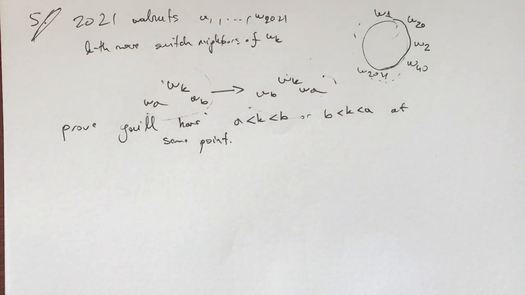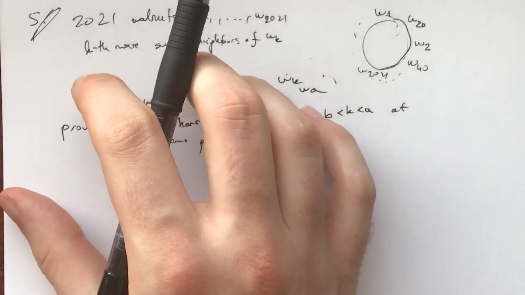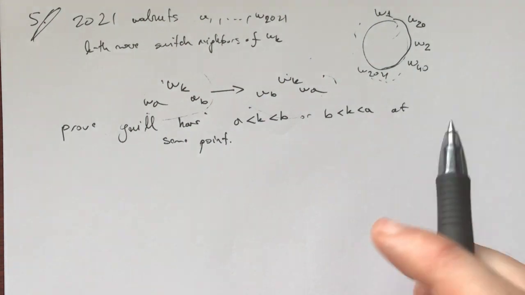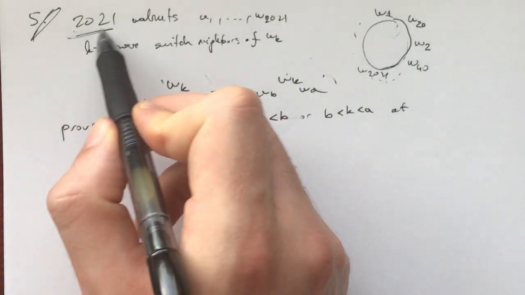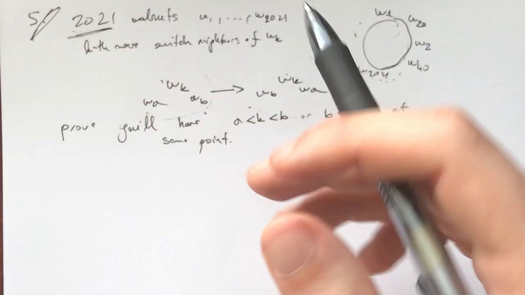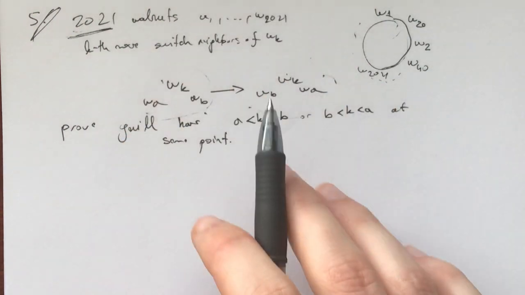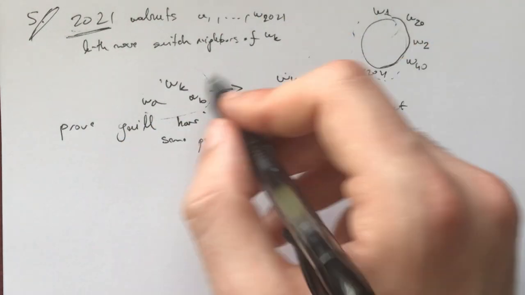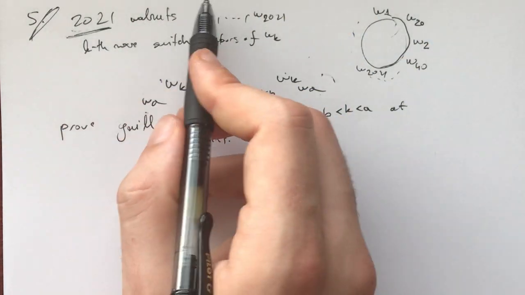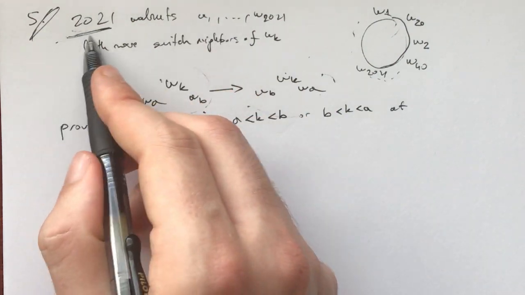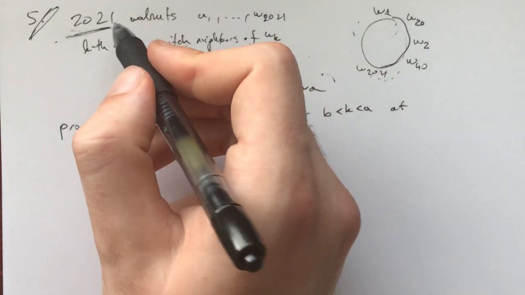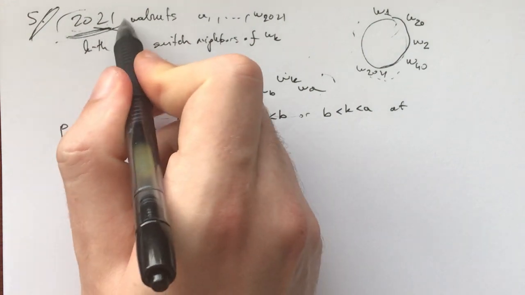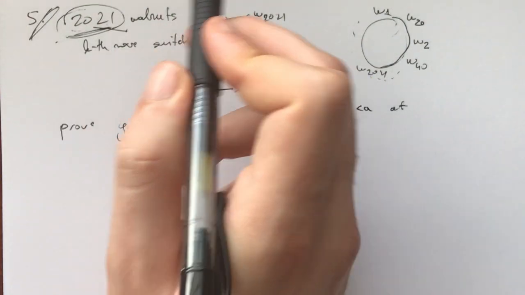Now, there are two major problem-solving strategies employed here, one specific to this problem, and one general for these types of problems with 2021, where a huge number of things are changing and taking place. The first one is to play around with small cases, but here 2021 might be important in some way.